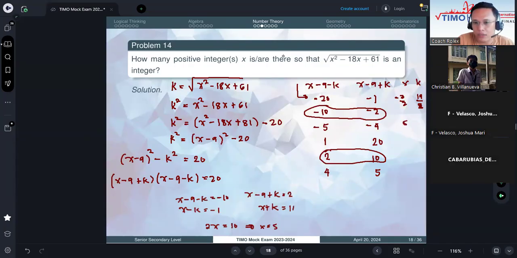And so if you check this other one, the answer for this is there are only two possible positive integers x that will give you integer solutions for this.